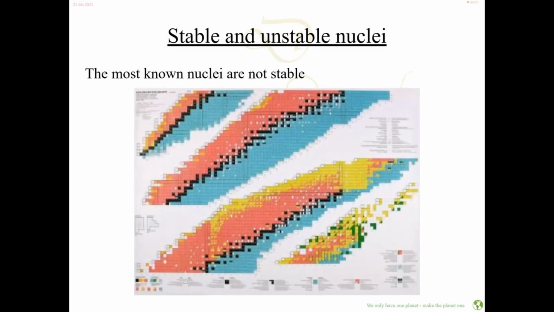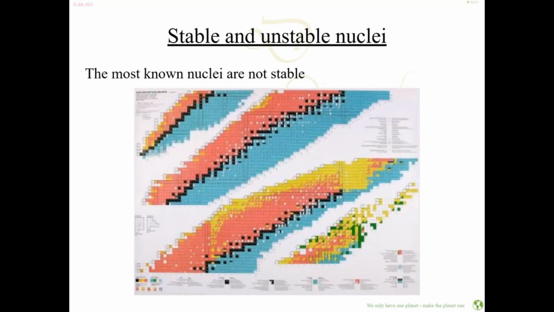This is a nuclide chart. Each square in this poster, which is shown very small here, each colored square, not the white ones, but the ones with other colors like black and blue and red and yellow and green, is one known atomic nucleus.